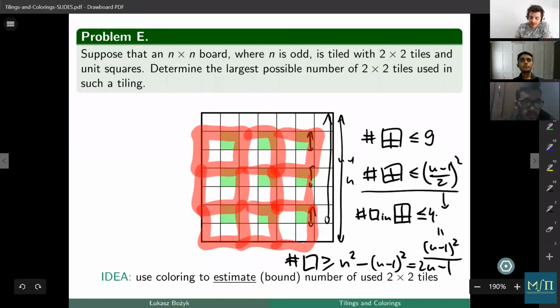So there are at most this many unit cells contained in the 2 by 2 tiles, which means that all the remaining cells must be contained in 1 by 1 tiles. And there are at least this many of them, because those are all the remaining. These are cells contained in 2 by 2s, and this is the number of all cells in the picture.